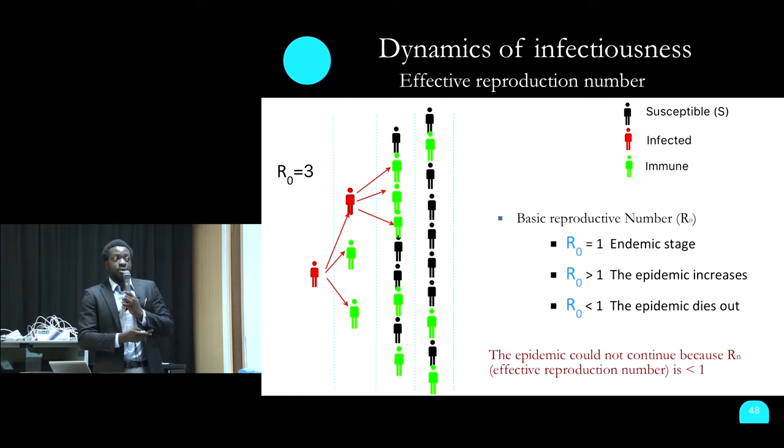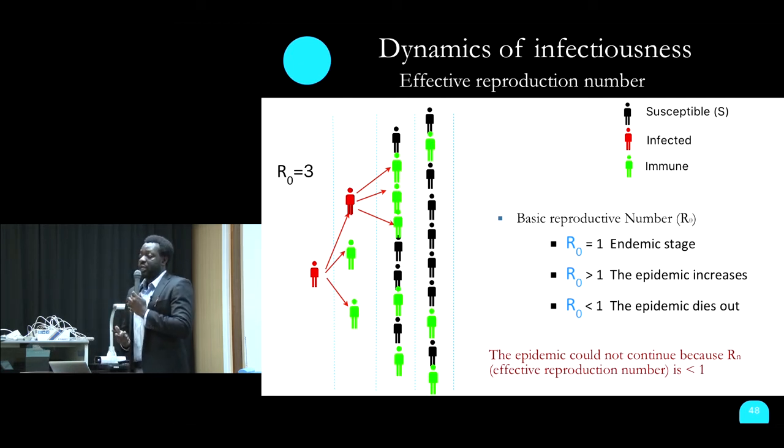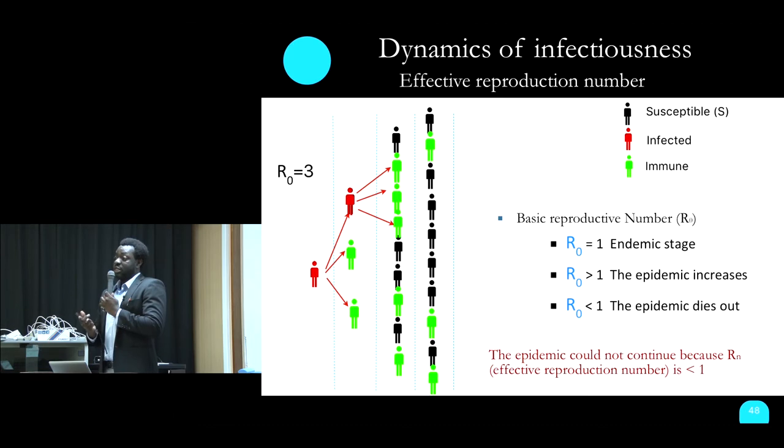So people who have immunity in a population actually protect people who don't have immunity. That is why it's not necessary to give vaccine to everybody, 100%. You just need to give vaccine to a fraction of them, and the others would be protected indirectly.